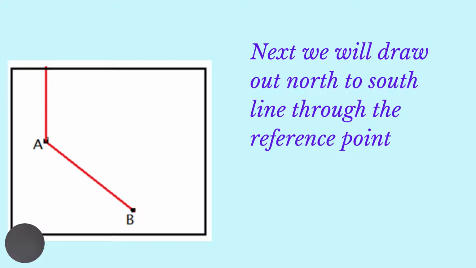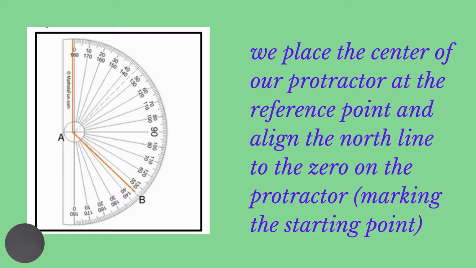Now, at the reference point, which in this case is A, we are going to draw a north to south line. We will then place the center of the protractor at the reference point, which is A, and align the north line to the 0 on the protractor, which represents the starting point.